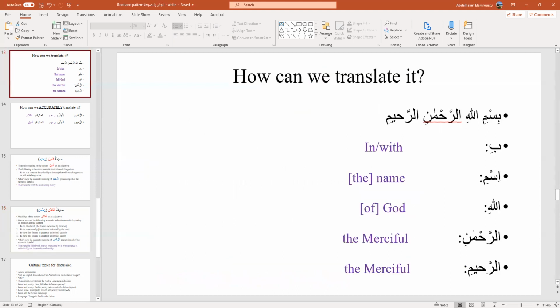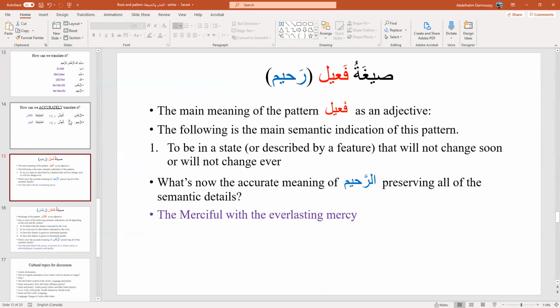And then Ar-Rahim, the merciful with the unlimited mercy, or with the everlasting mercy.